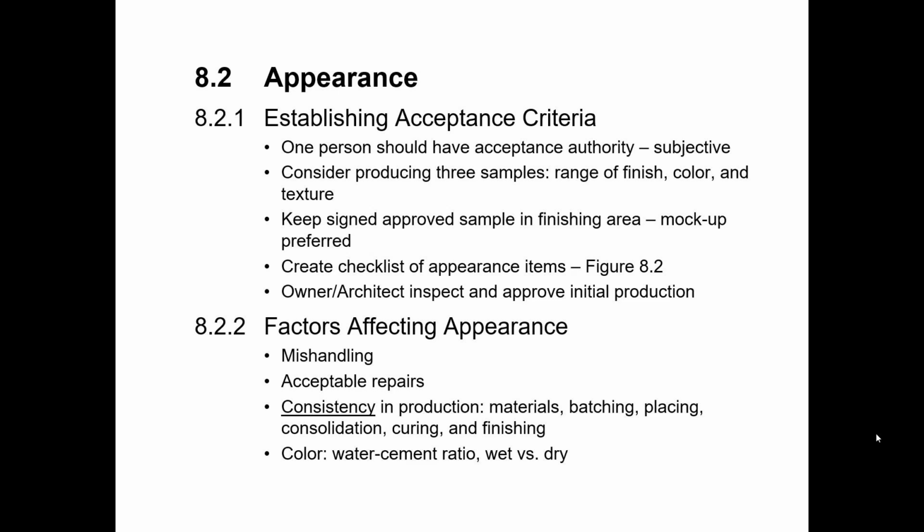What I was going to point out to you in figure 8.3 is the drastic variation in color that you get, not only from wet to dry. If you look at those 4 samples at the top that are dry samples, nothing is different about the concrete mix. The difference is the water cement ratio, and this is just a cement paste, no aggregate.